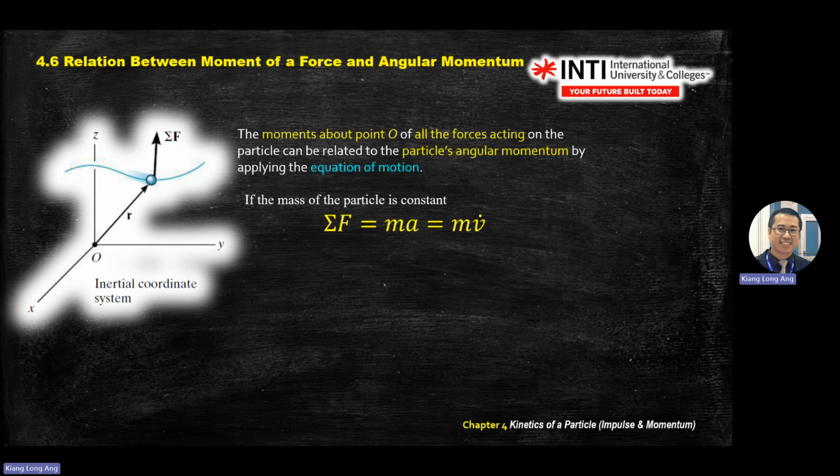So F equal to ma, a equal to dv/dt. If we take moment equal to r cross F, moment equal to r cross F.